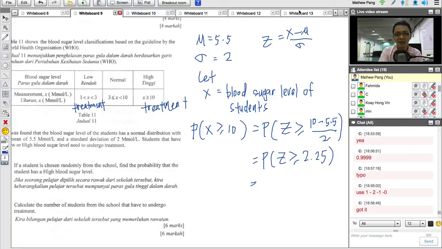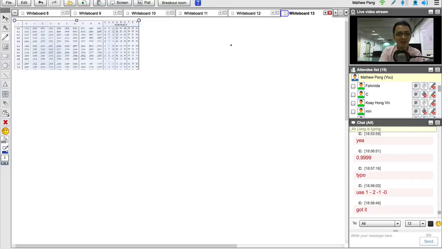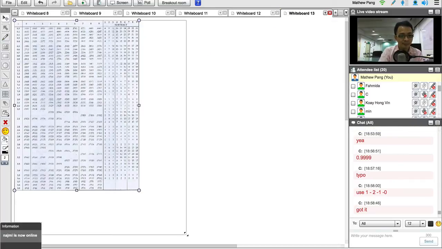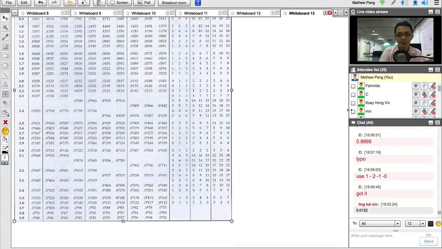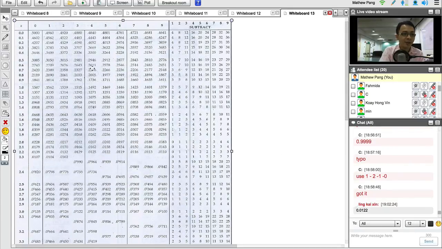With 2.25, you just find it in the exact value table. Let me zoom in a bit on this table. Where is my 2.25? I need to find 2.2 here, so 2.25 starts from 2.2, and then I need to find 5.